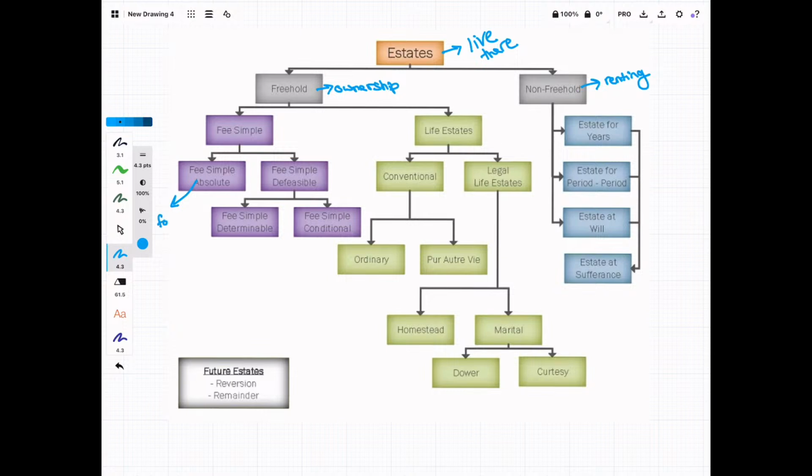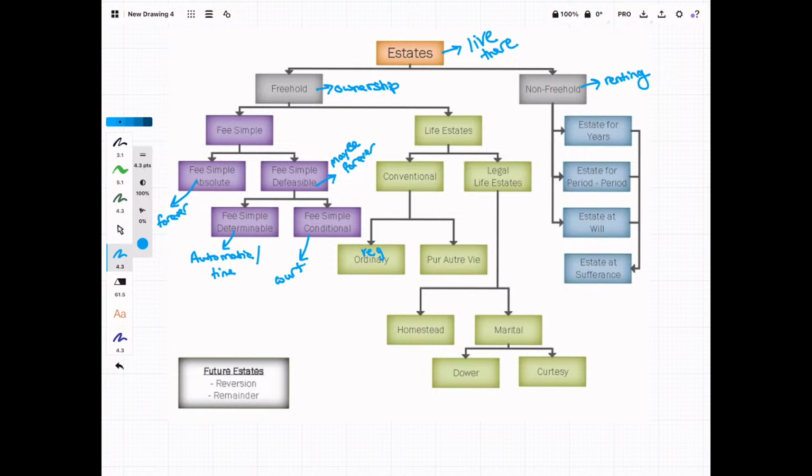Absolute is forever. Defeasible is maybe forever. Determinable is automatic. It ends automatically if you break the rule, right? If you go over some amount of time. And conditional, you got to go to court.